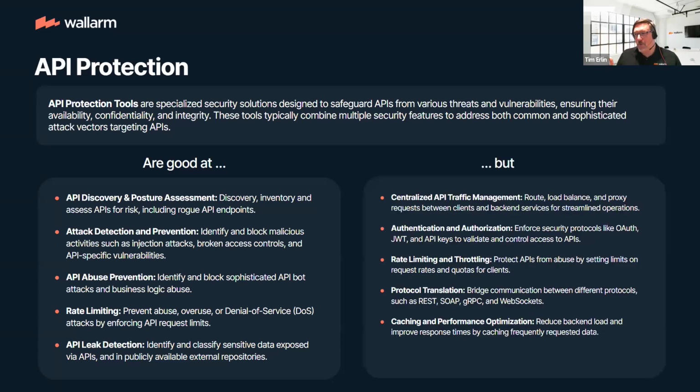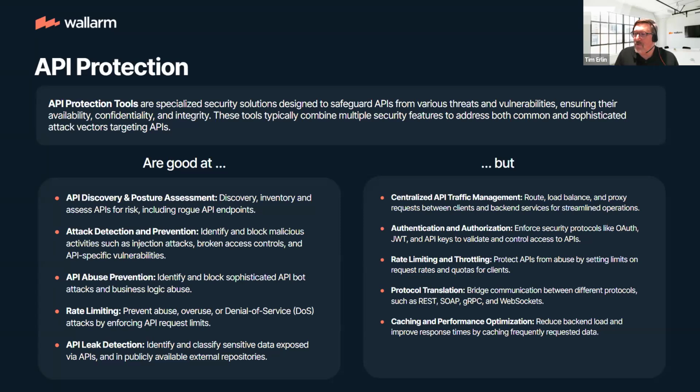But these API protection tools, there are things that they're not good at, right? They are ultimately security tools. So all of those things that you were talking about, Andrew, for why you would want to use an API gateway, that centralized traffic management, standardizing and implementing authentication and authorization, the protocol translation, some of that caching and performance optimization. Those are not things that you would expect an API protection tool to do.